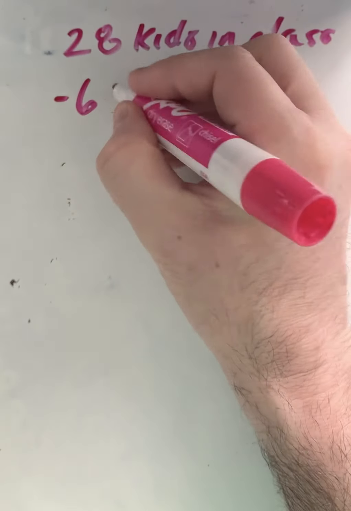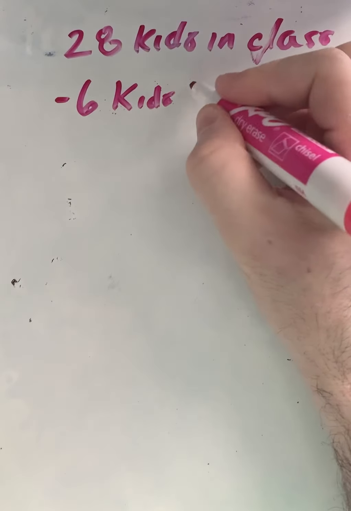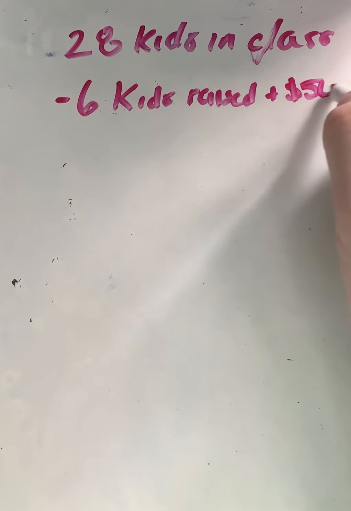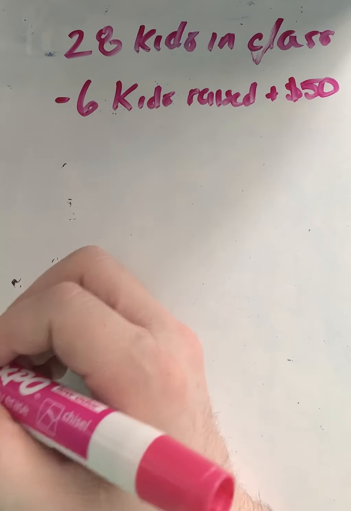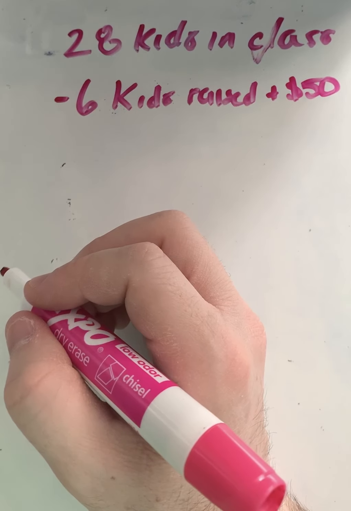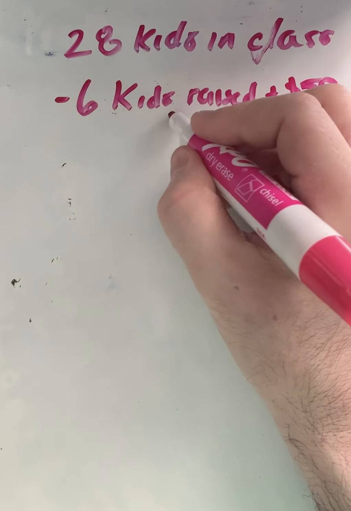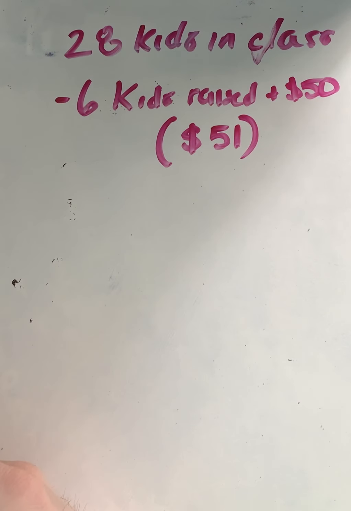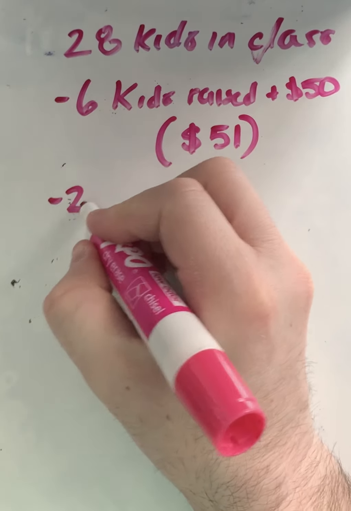I know 6 kids raised more than $50. So I have to ask myself, what's the minimum a kid could raise that's more than $50? Well, that's really easy. It's $51.